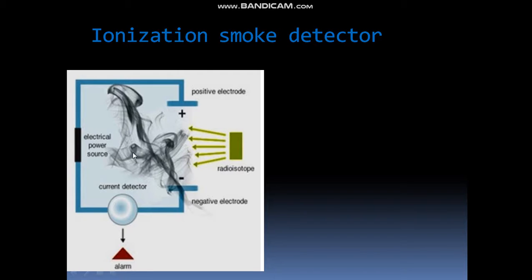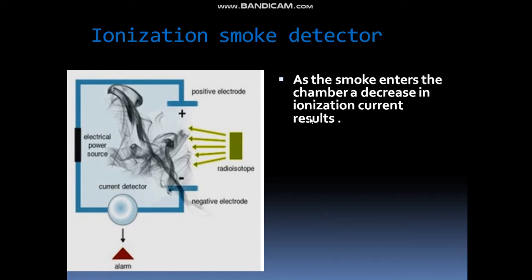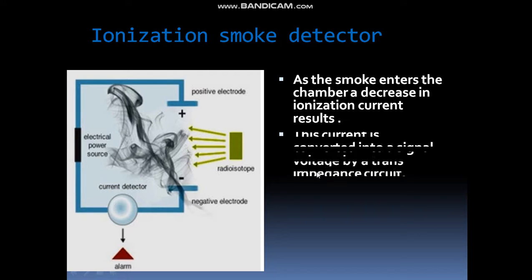So when the smoke is present inside the chamber, the rate of ionization decreases. That's why the current produced also decreases. As the smoke enters the chamber, a decrease in ionization current results.